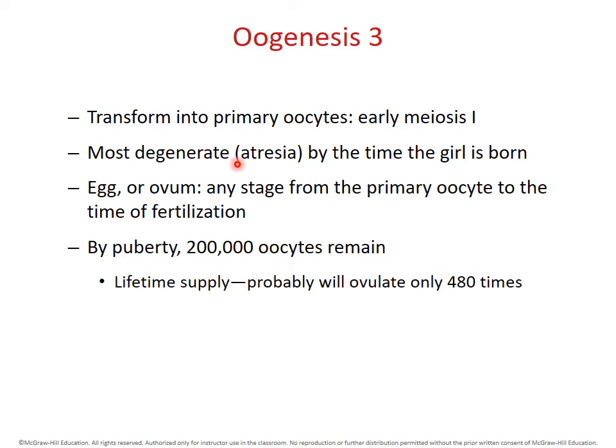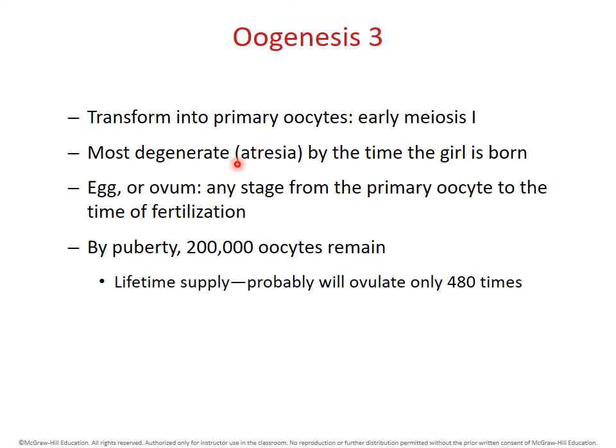And of course, if she gets pregnant at any time during that 40-year span, that's going to reduce the number she would need, because during the 9 months of pregnancy, she won't ovulate. And so with multiple pregnancies, she'll need even less than that. So these millions of oogonia degenerate. Most of them degenerate primarily because they'll never be needed.